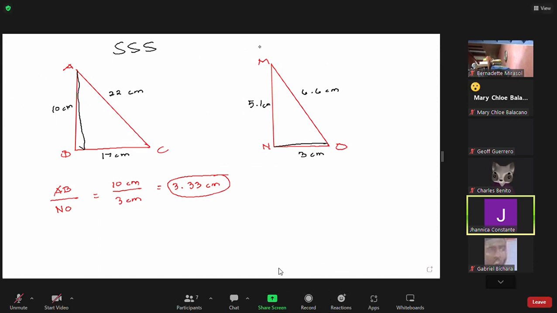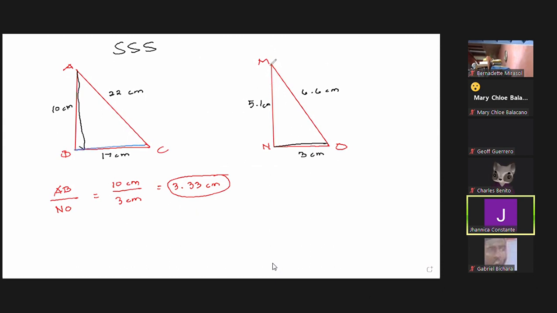So let's get the ratio between side BC and side MN. Side BC divided by the corresponding part MN. So side BC is equal to 17 centimeters, divided by the measurement of MN, which is 5.1 centimeters, which is equal to 3.33.